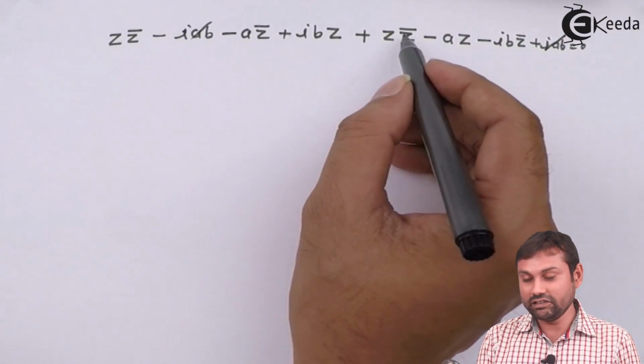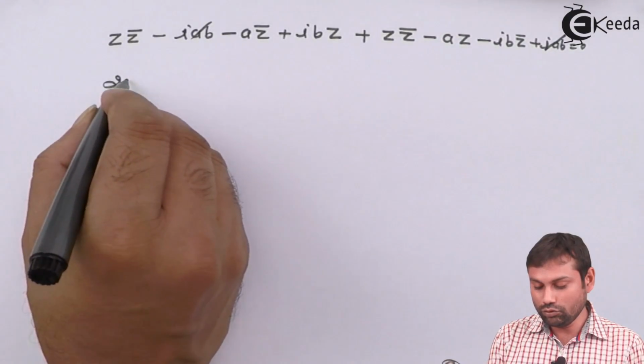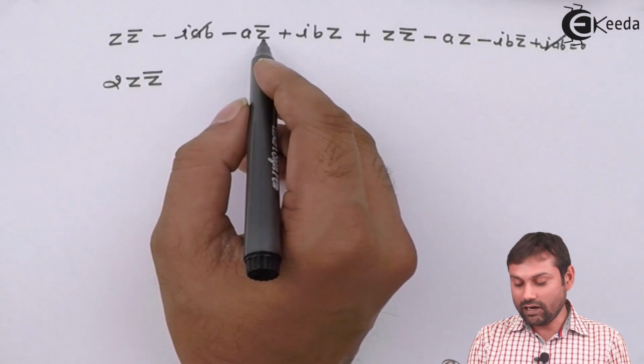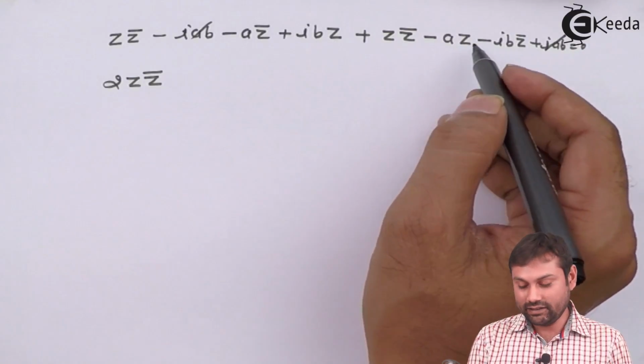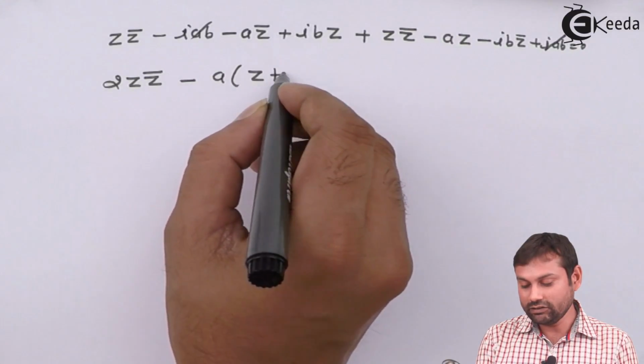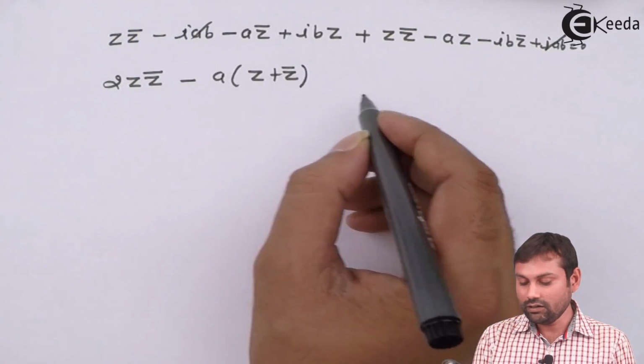So z bar and z bar becomes 2z bar, here minus A z bar and here minus Az, so we can take common minus A, that becomes (z plus z bar).